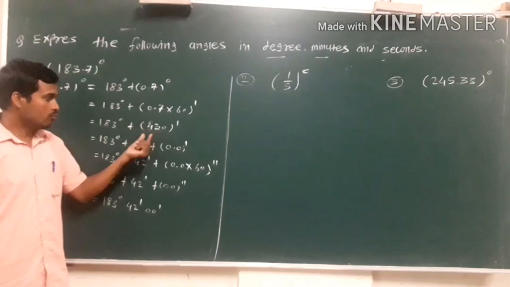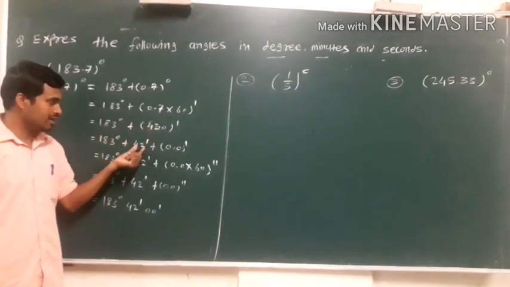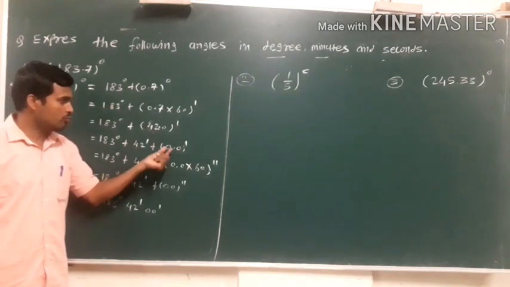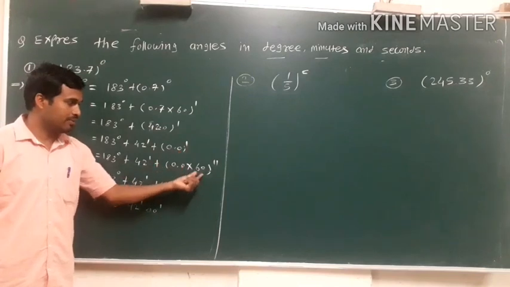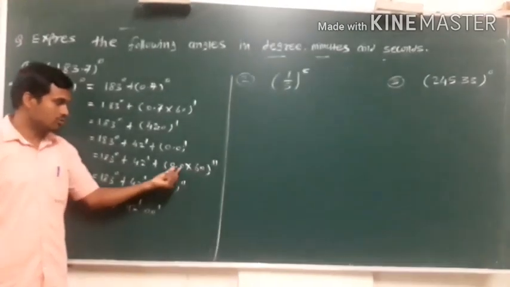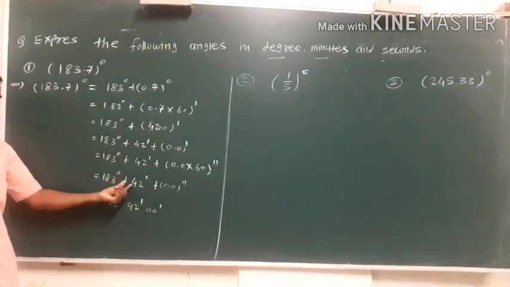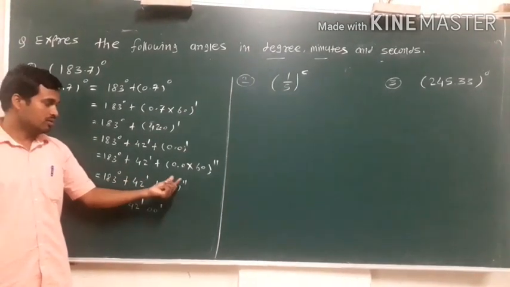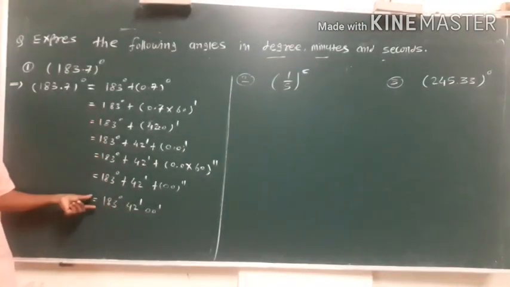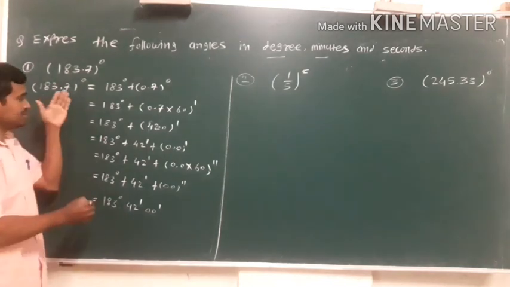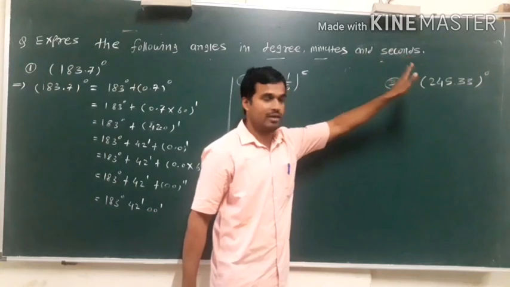Then next step, 183 degree as it is, 42 minutes as it is, plus 0.0 minutes. This converts to seconds, multiplied by 60. So the next step, 0 into 60. The next step, 183 degree plus 42 minutes plus 0 seconds. So these are the types. Similar type, the first example you solve as example number third. Any doubt, ask me.